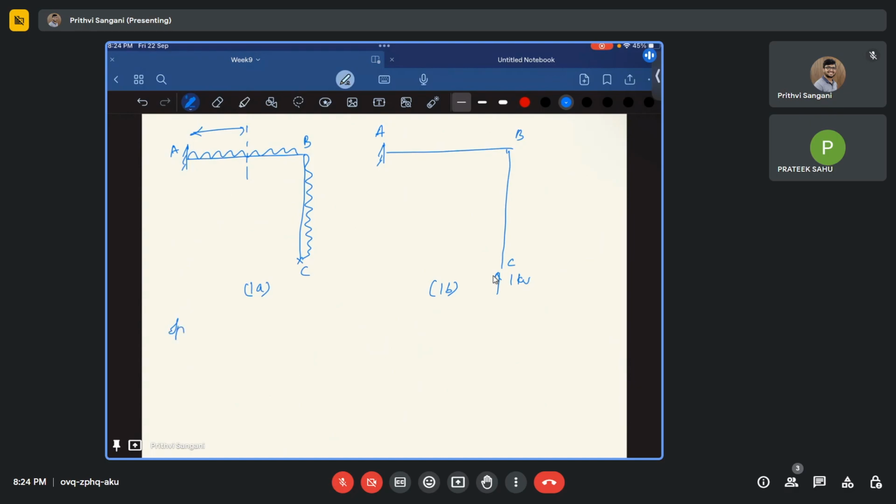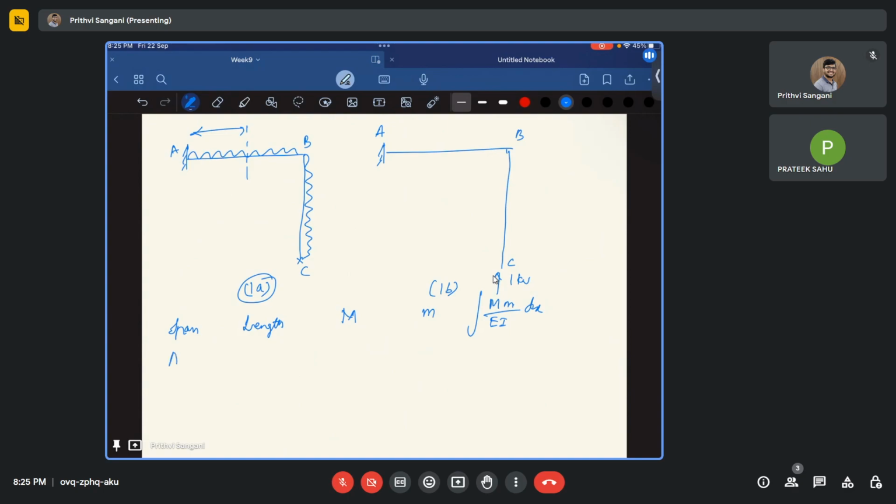Let me write like this: the length of the span, capital M corresponds to my 1A, and small m corresponds to my 1B, and capital M small m divided by EI dx. This will give me the displacement.